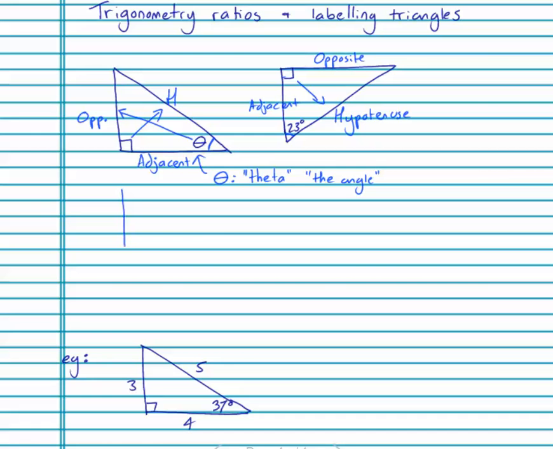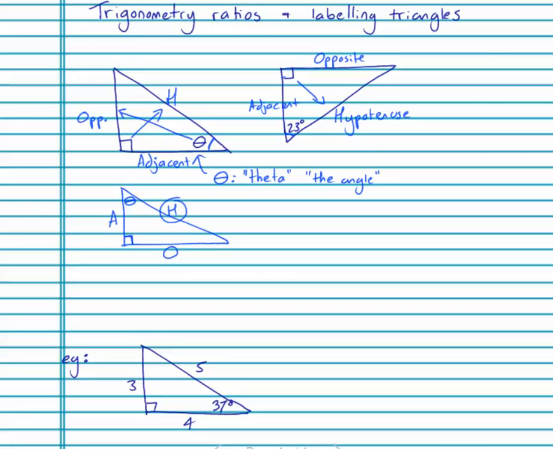Now the hypotenuse is always the same in a right-angled triangle. It's always the longest side. But if I drew that same triangle and said, actually now I care about the angle up here, we never consider the right angle to be the one that we're taking as a reference, but if I changed the angle that we care about, this would still be the hypotenuse, but now the opposite and the adjacent would have changed sides.